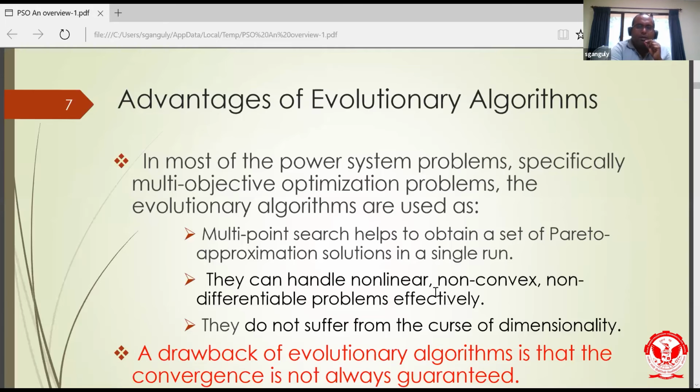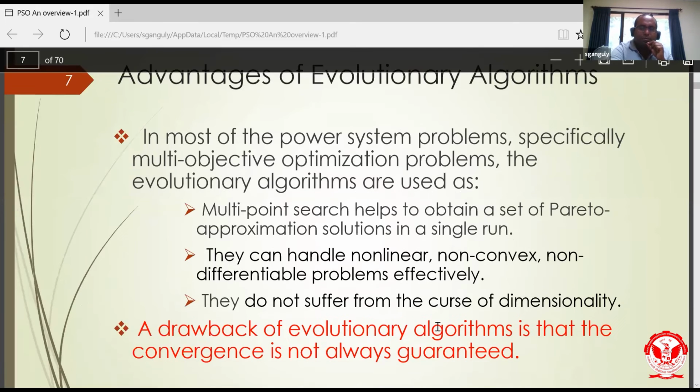But one of the major drawbacks of this kind of algorithm is that convergence is not always guaranteed. There is no guarantee that they will converge to a global optimum.